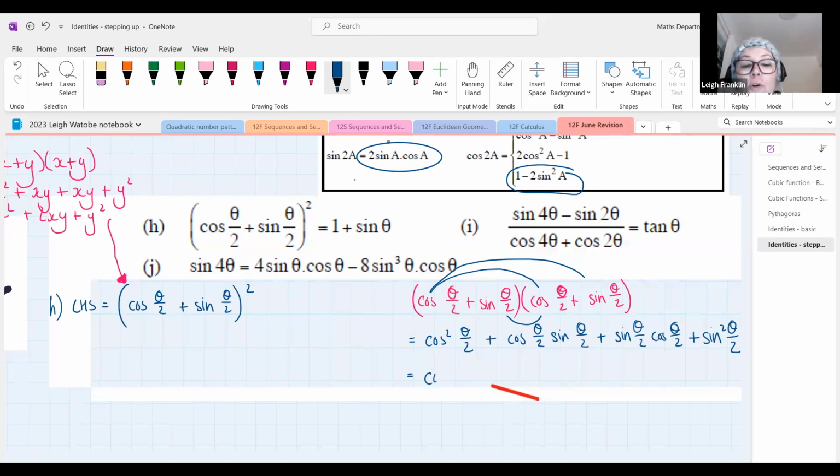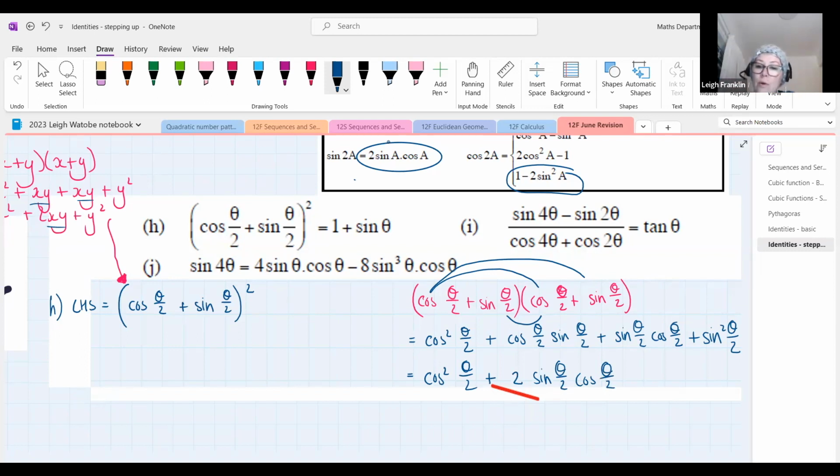So now you've got cos squared theta over 2. So now just like when you add xy and xy, you've got 2xy. When you add cos theta over 2 sine theta over 2 to sine theta over 2 cos theta over 2, you've got 2 sine theta over 2 cos theta over 2.